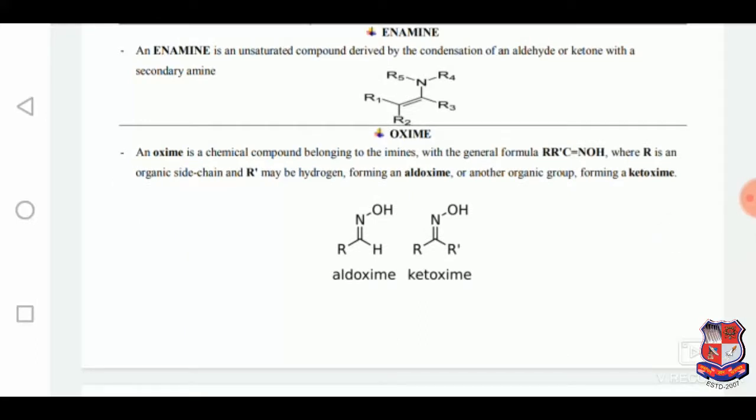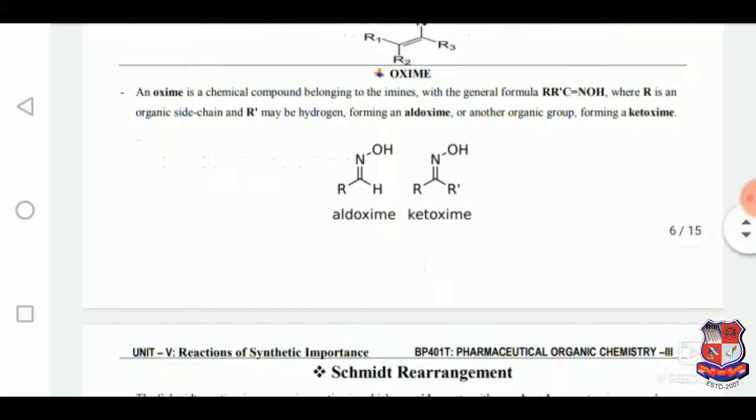Oxime is a chemical compound belonging to the imines with general formula R1R2C=NOH, where R1 is an organic side chain and R2 may be hydrogen, forming an aldoxime, or another organic group, forming a ketoxime.